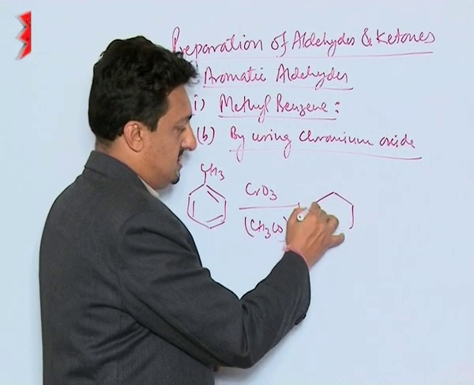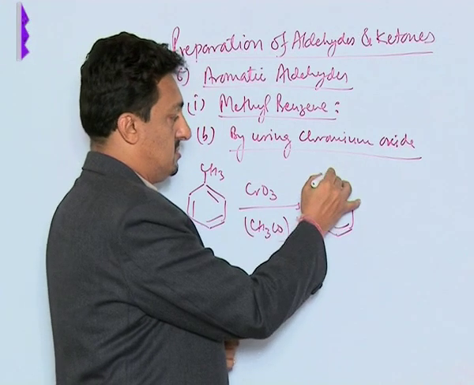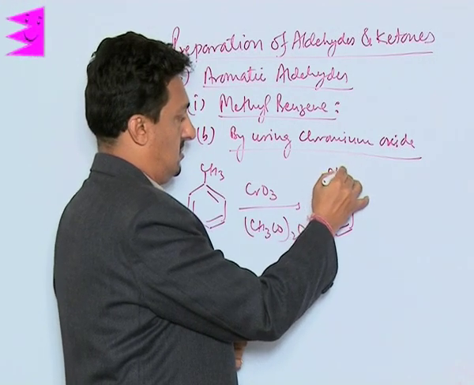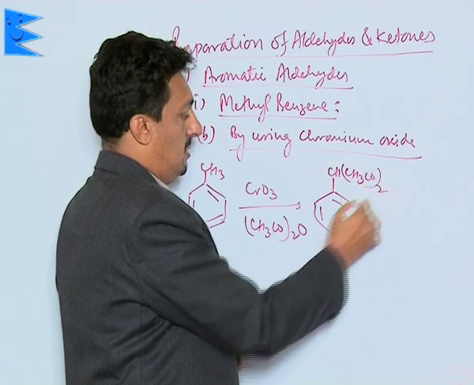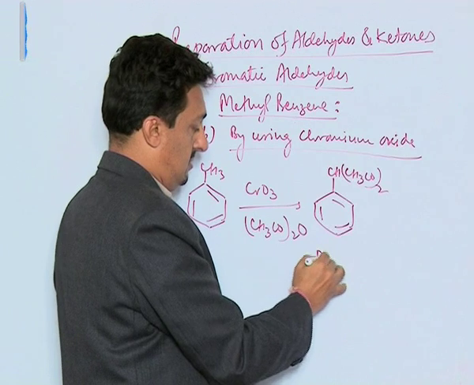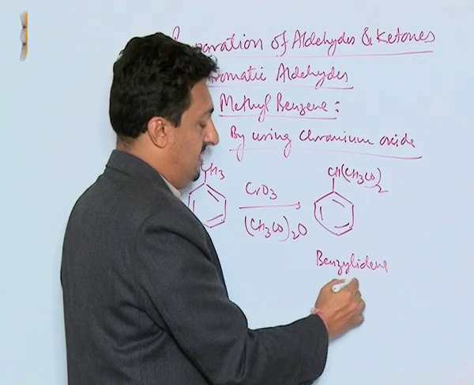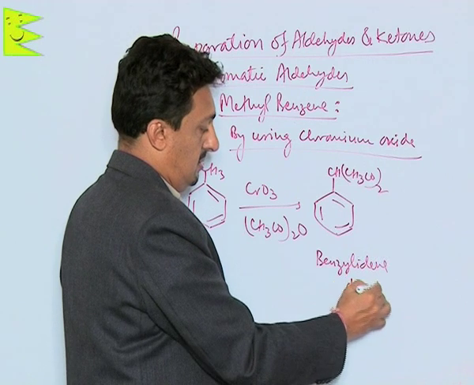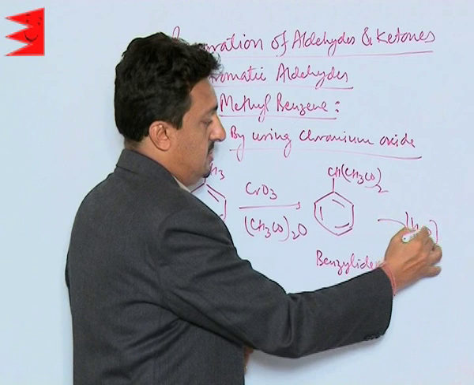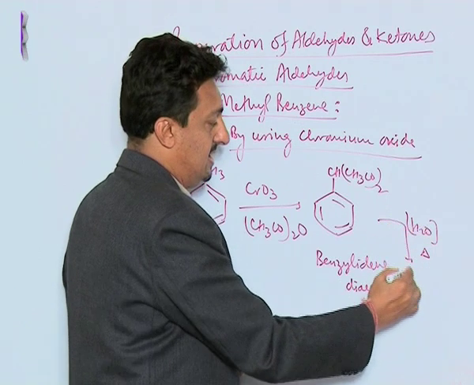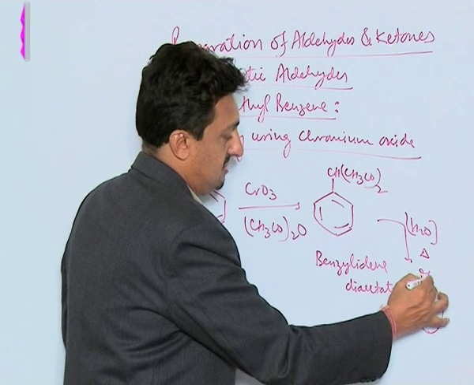This converts toluene into what we call benzylidene diacetate, which on hydrolysis and heating gives us benzaldehyde.